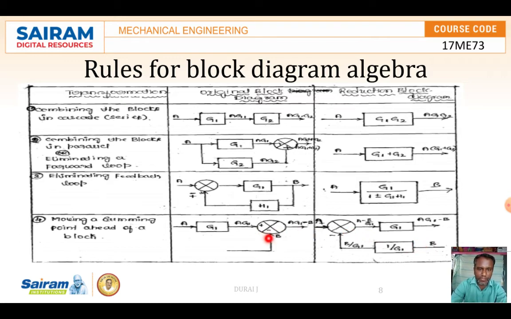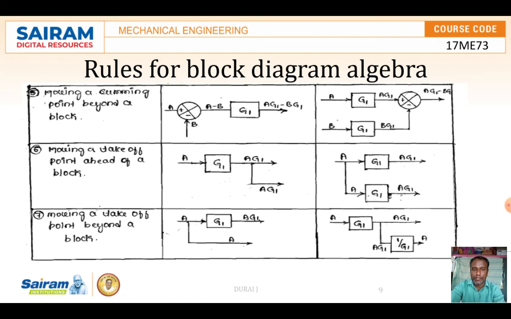B. Because the input value given is G, so B. If you multiply these, automatically you get B only over here, whatever the input gives.